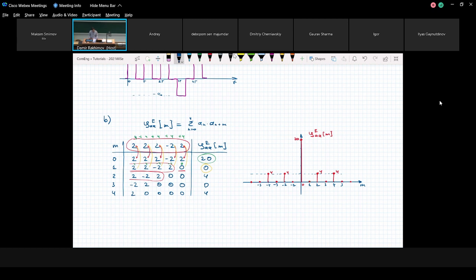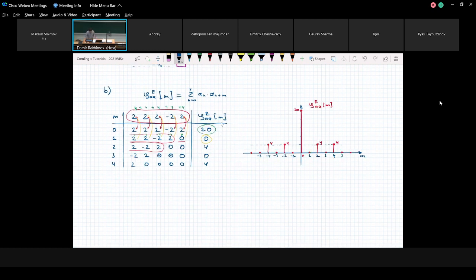And now we need to find the autocorrelation function for phi u delta of tau. And now it becomes interesting, but we don't need to do anything else. Actually, the hint to find the autocorrelation function of a function in the delay domain is the following.